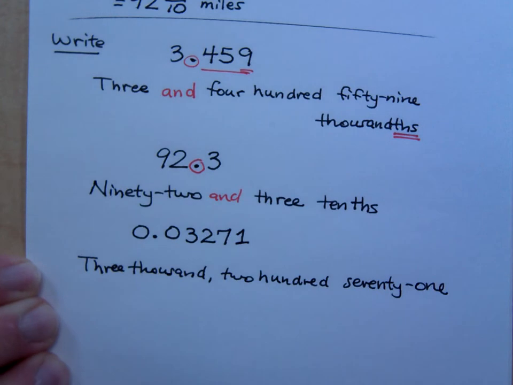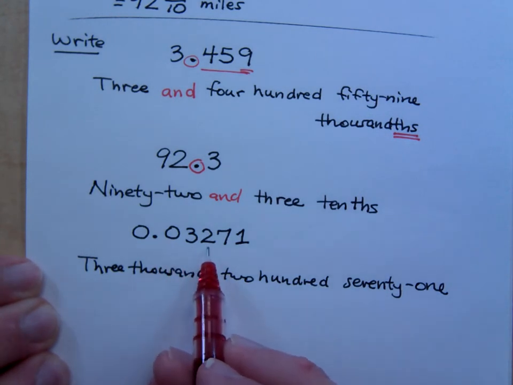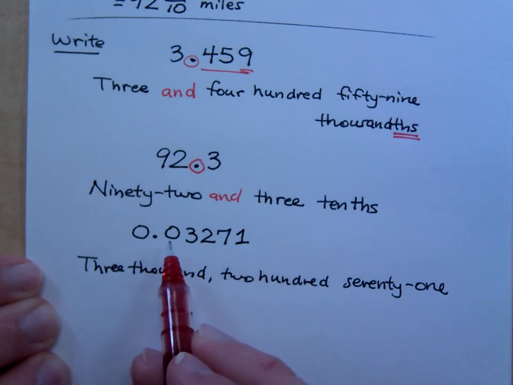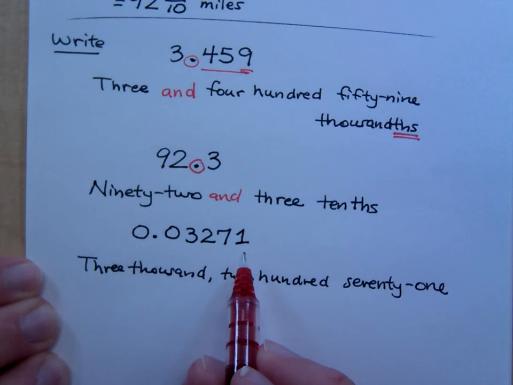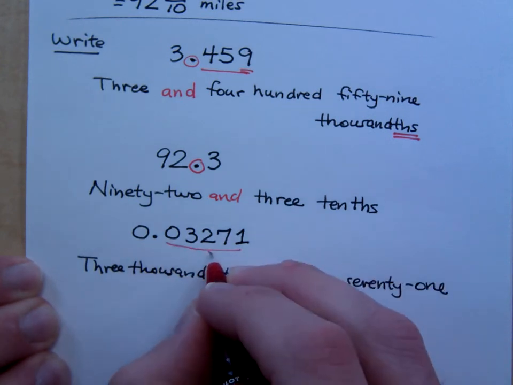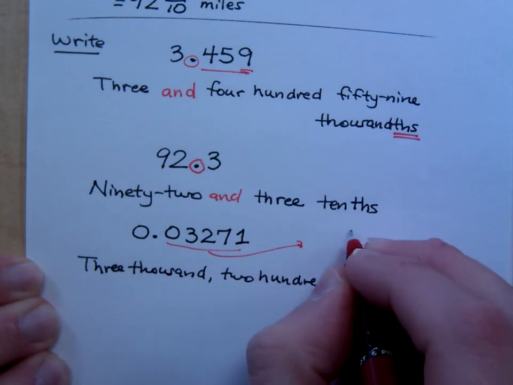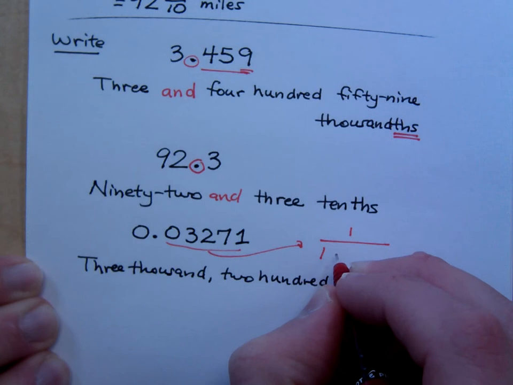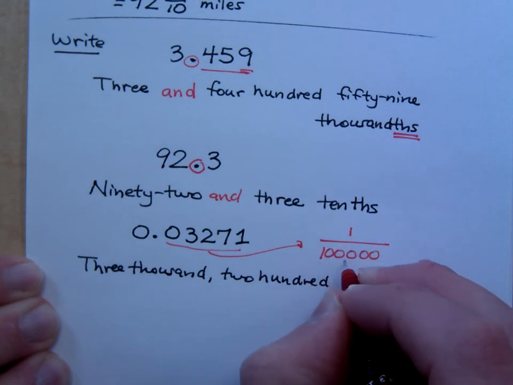Here's a way to check this. If you're looking at the decimal part, how many decimal places do I have out here? How far out did I go? 1, 2, 3, 4, 5 decimal places, right? So that's 1, 2, 3, 4, 5 zeros.